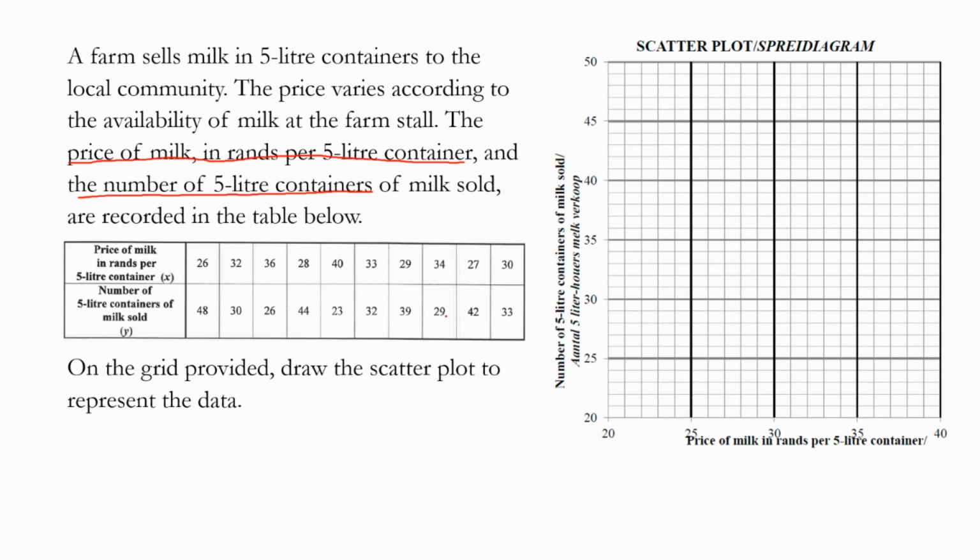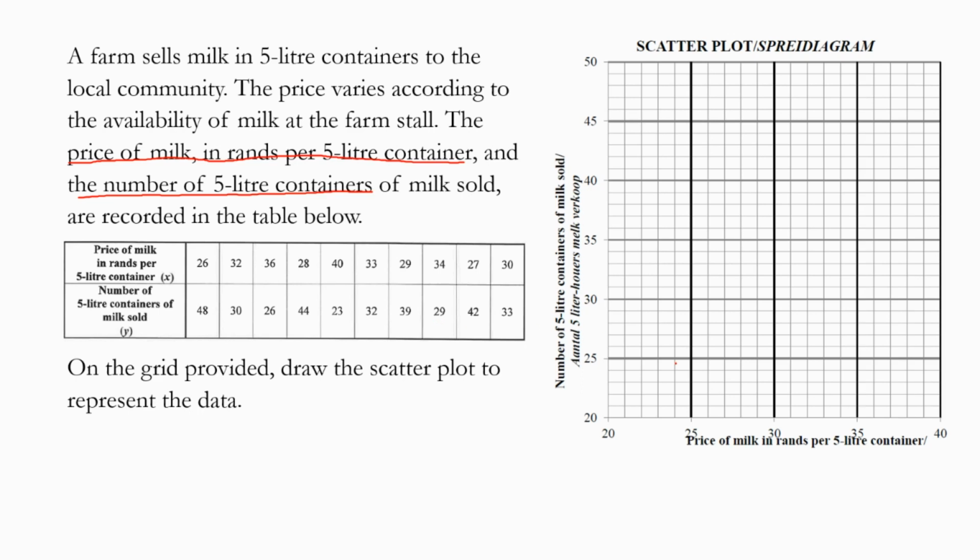Right, so we have two variables here. We have the price of milk in rands per 5-liter container and the number of 5-liter containers. We want to see the correlation of these two, and then we're going to use the scatter plot to represent that.